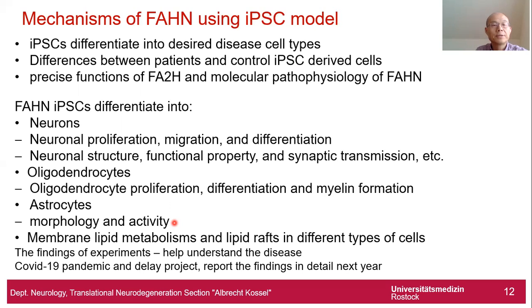Because FA2H is involved in the synthesis of 2-hydroxy fatty acids, the membrane lipid metabolism and the lipid profiles in different types of cells, for example neurons, should also be investigated, to try to find out the differences between them and get ideas about the mechanism of the disease.